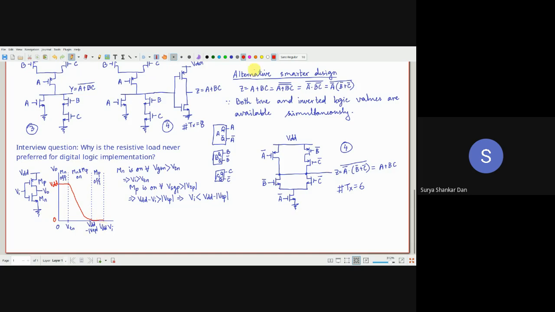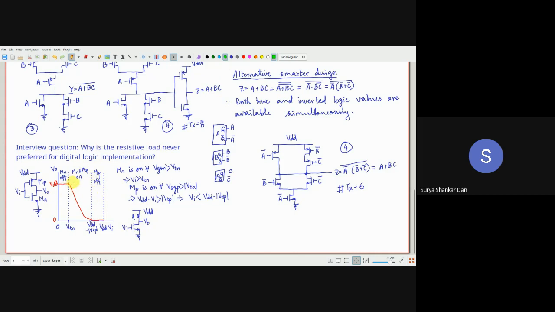Now let us consider the situation for a resistive load. This is VI, this is VO, this is R, and this is VDD. Then what is the situation? Let me use green color here.